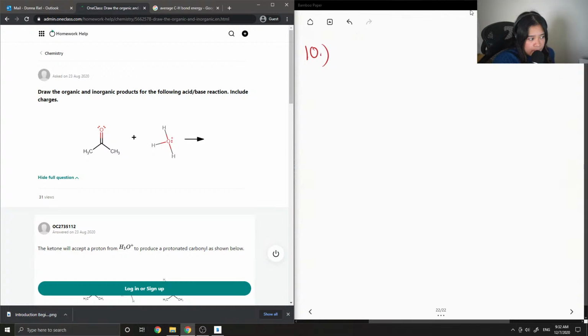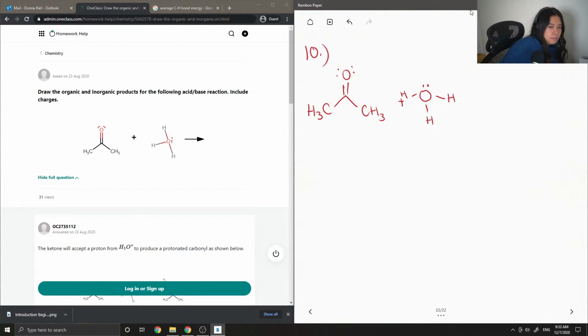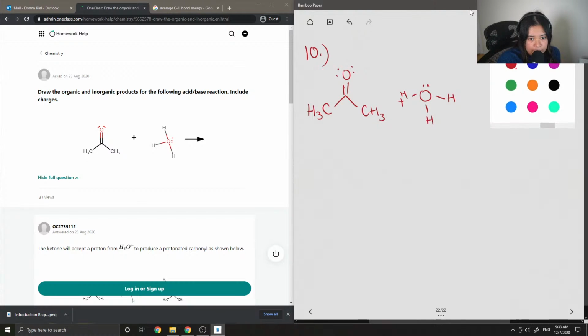Okay, so first we need to define what is the acid and what is the base.